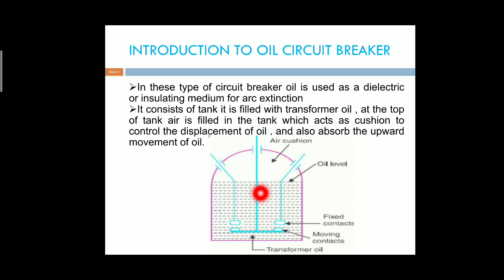Next, under normal operating conditions, that means no-fault conditions, the contacts of the air blast circuit breaker are closed. That means the fixed and moving contacts are together.